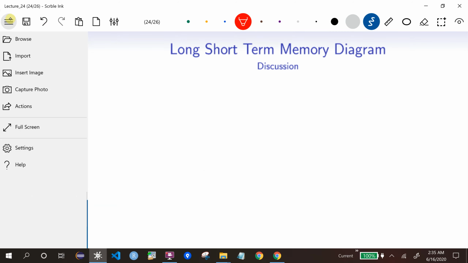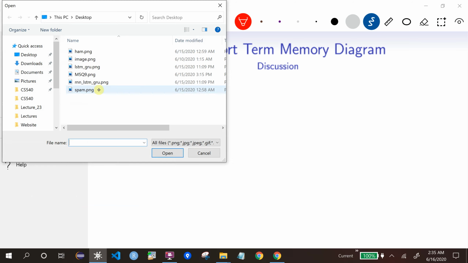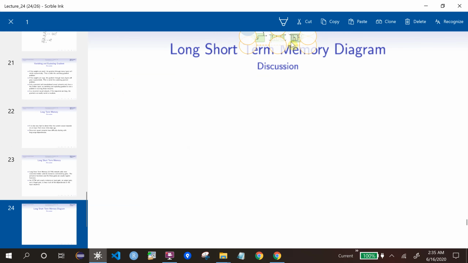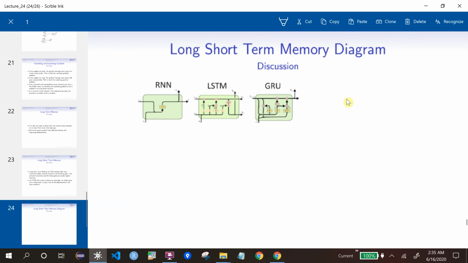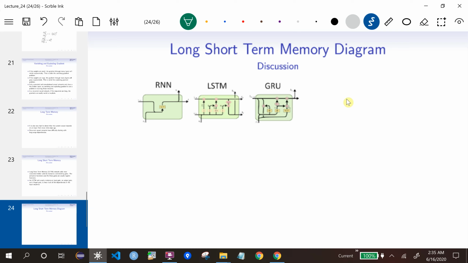So instead of me drawing a diagram, which I don't remember any of these, let me find one diagram. This diagram looks like it's too small. So, well, let's try to look at this. So the regular recurrent neural network that we talked about before is just one input, and then we have one activation function, the hyperbolic tangent, and it links the previous time step hidden unit, adds this current input and gets the next time step hidden unit, as well as the output.